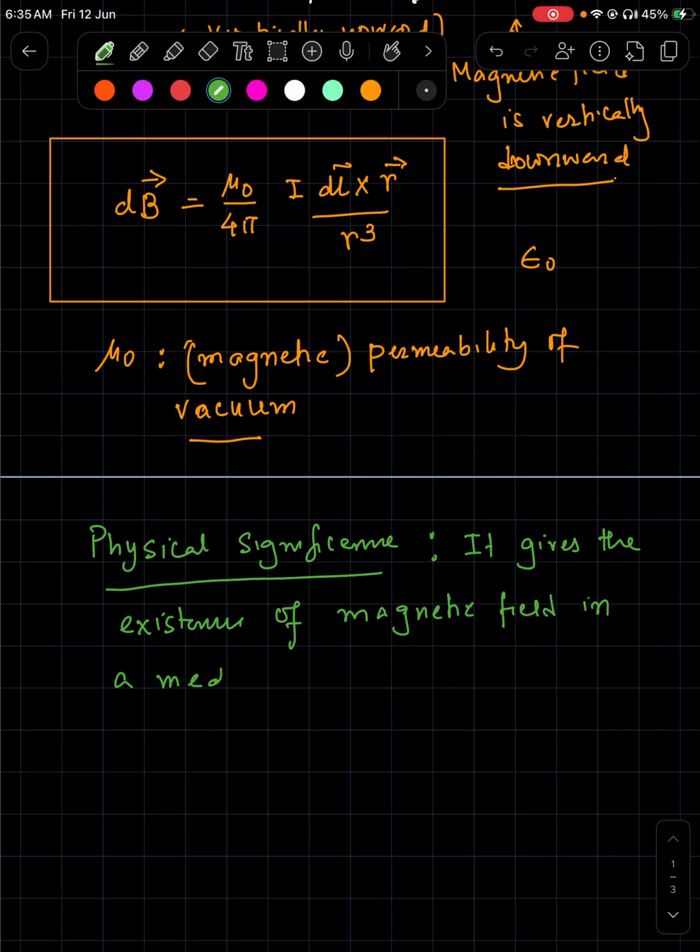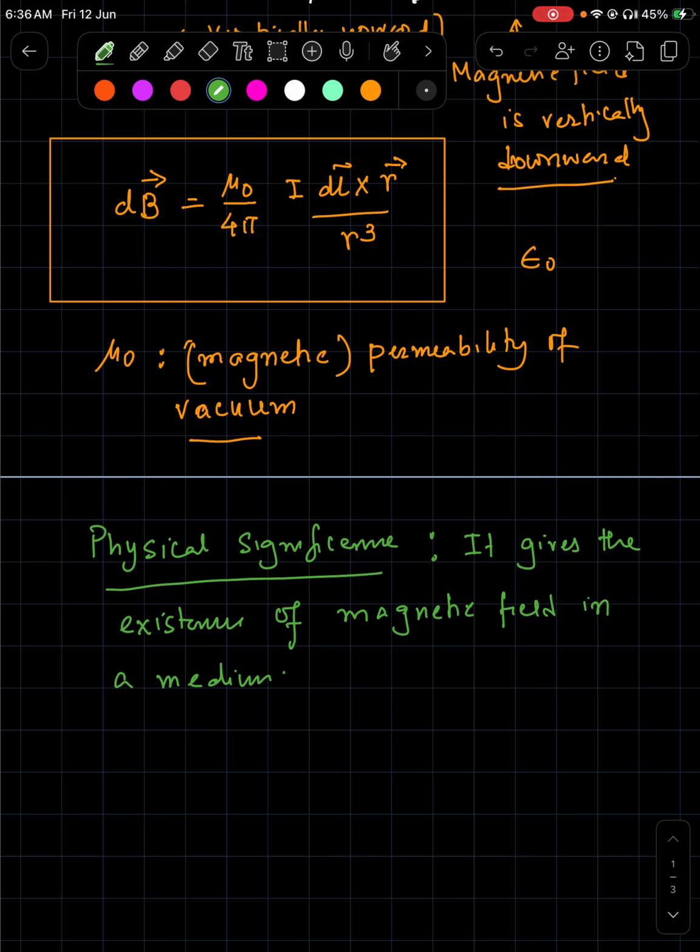What does it mean? It is saying that if a medium has a permeability, then this medium can contain or can hold the magnetic field created by the current.